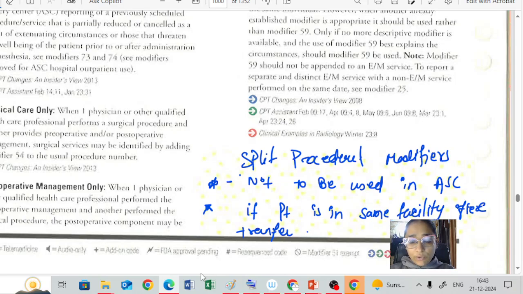So we don't need to use these modifiers in these two instances. These are the two tips which we have to remember while billing the 54, 55 and 56 modifiers.